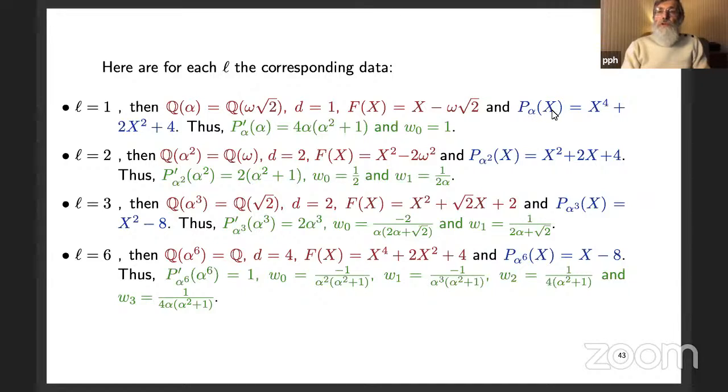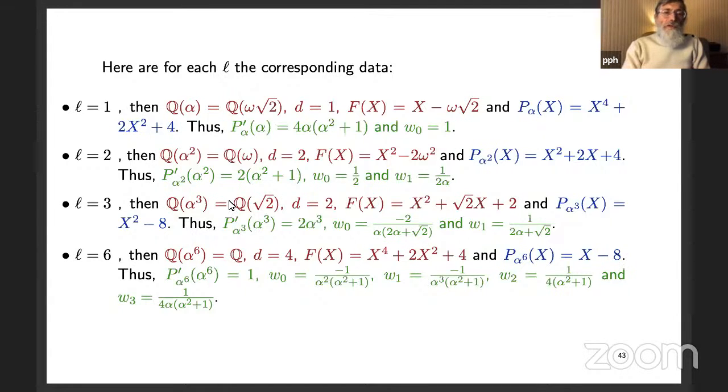So we have the minimal polynomial of alpha here over Q. And here this is of alpha squared. Here this is of alpha cubed. And here of alpha 6, which is just x minus 8 because alpha 6 is 8.